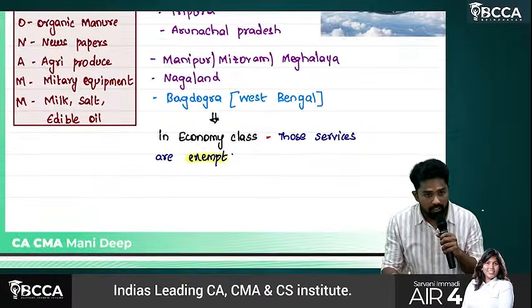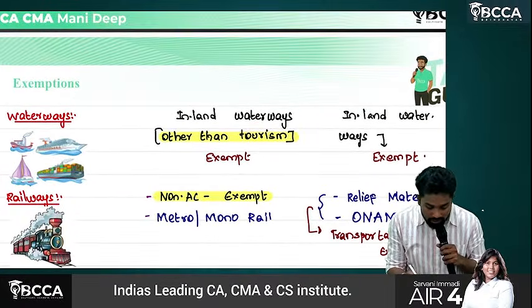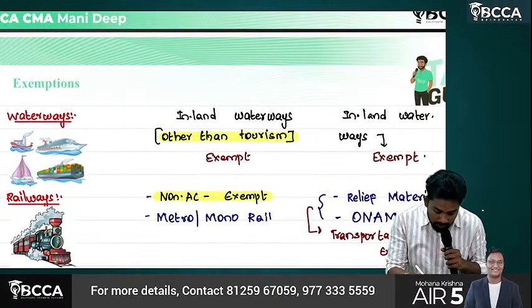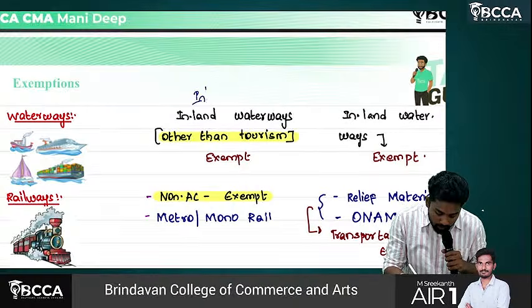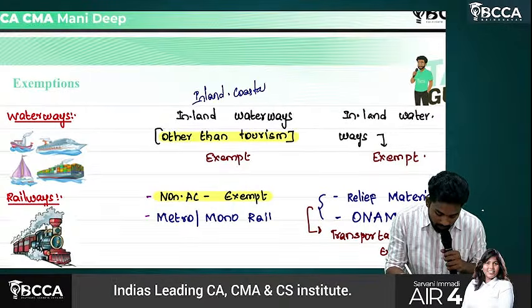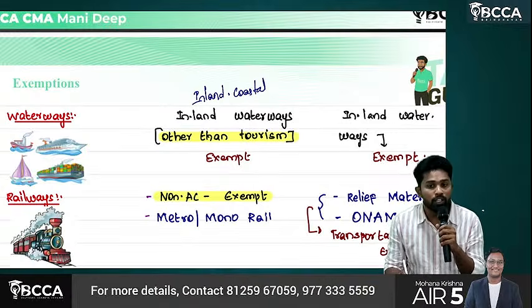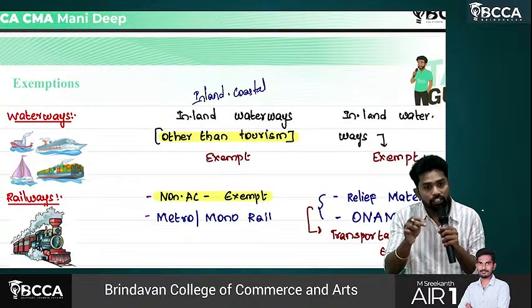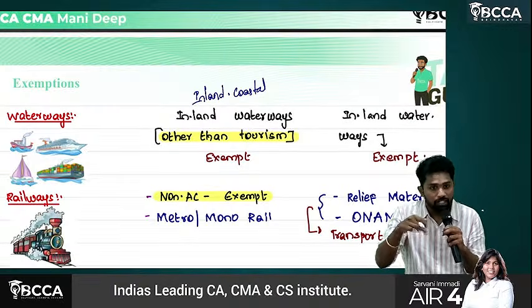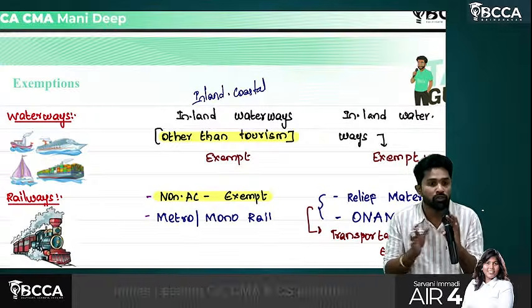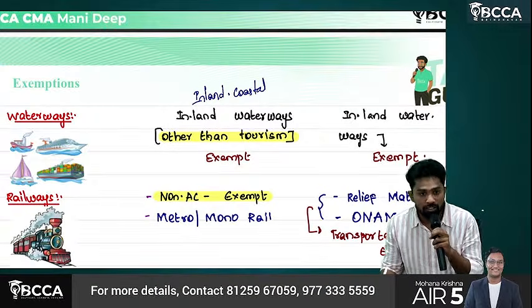So airways done. Then waterways. If it is inland waterways, it even includes inland coastal waterways. What is inland waterways? Within the country, from one place to another place, if the transportation uses rivers and canals, that's inland waterways.